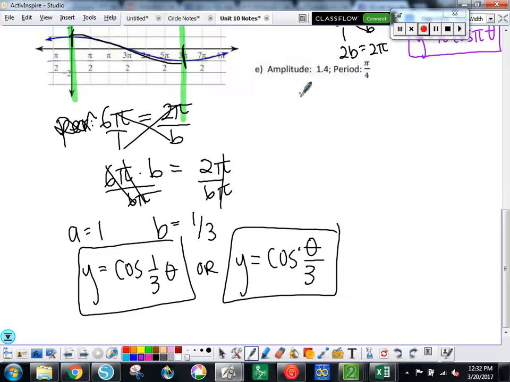Homework? Oh, E, F? So ask questions if you've got them. Start A equals something. We also have the formula for it.